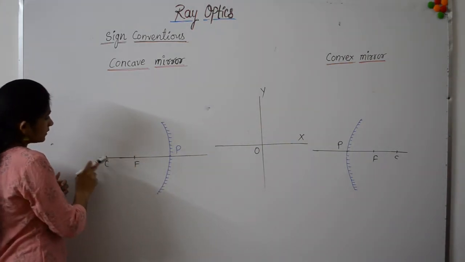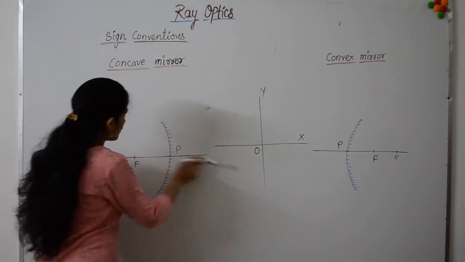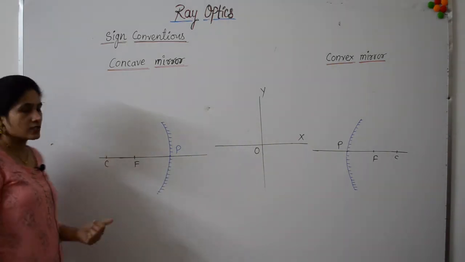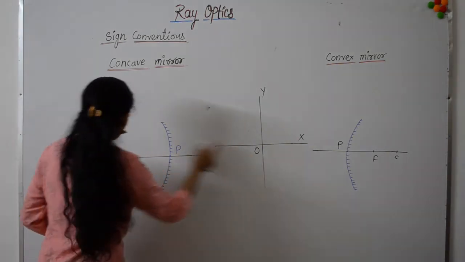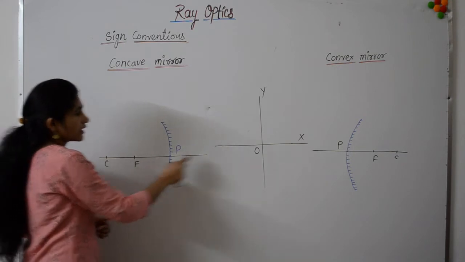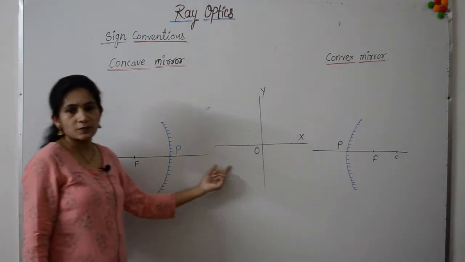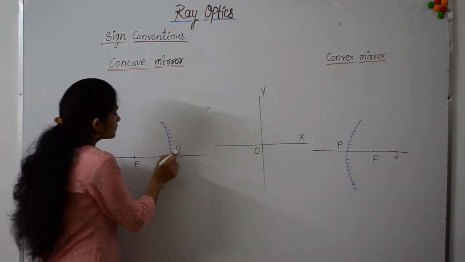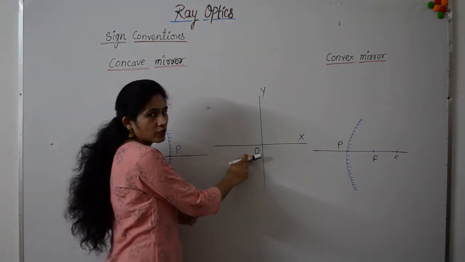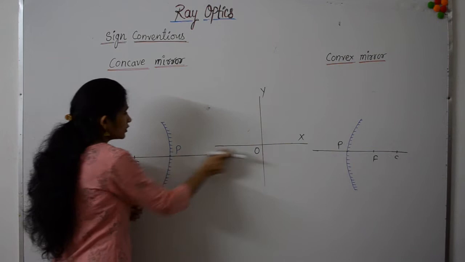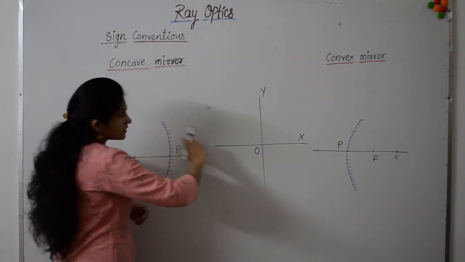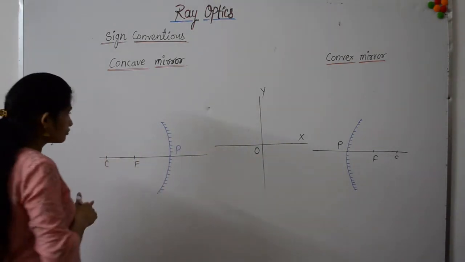See, this line passing through the center of curvature and pole of a mirror is called as principal axis. According to this sign convention, principal axis is taken as x-axis and all the distances are measured parallel to this principal axis, and this pole is taken as origin. Pole is taken as origin and this principal axis is taken as x-axis.